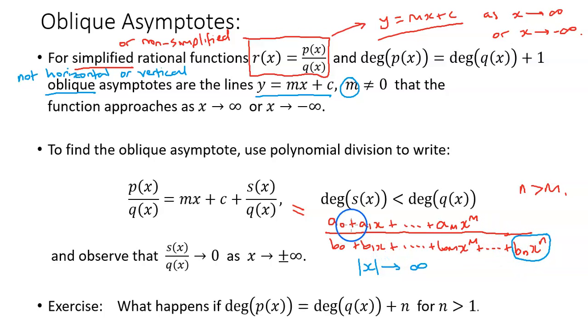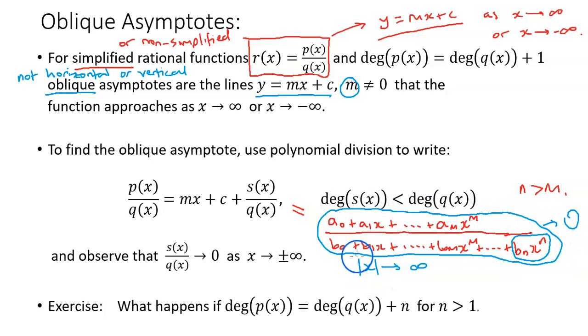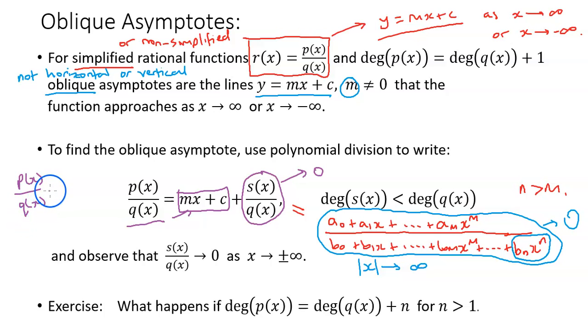And so, as a result, the entire fraction tends towards 0 as the absolute value of x tends towards infinity. And so since this thing is going towards 0, that means this thing must get closer and closer towards the part that isn't going towards 0. So p of x divided by q of x tends towards mx plus c, the oblique asymptote.